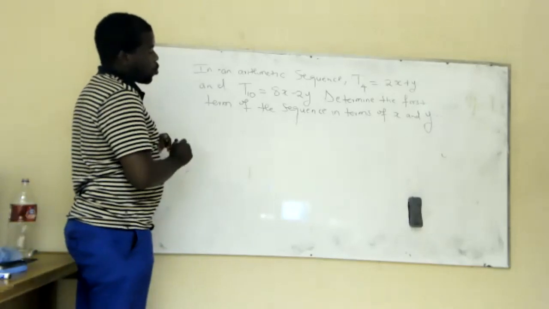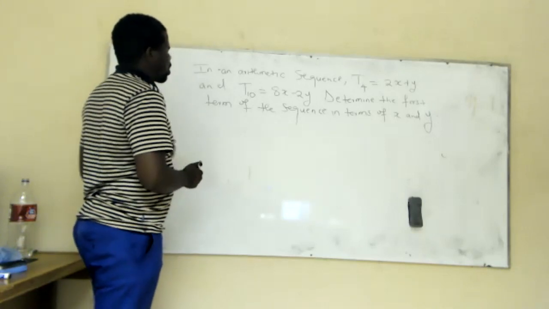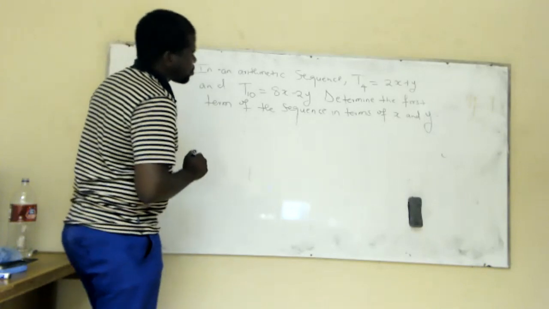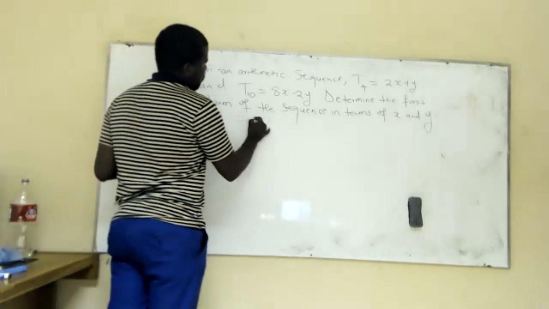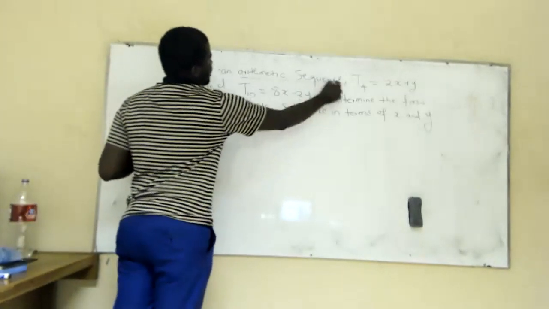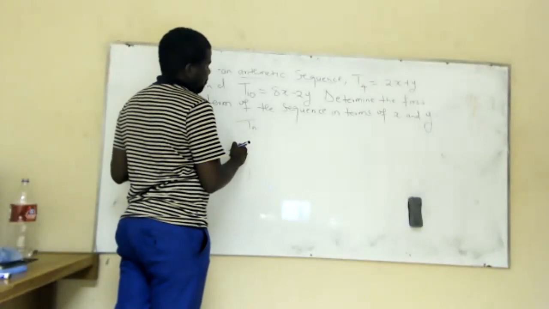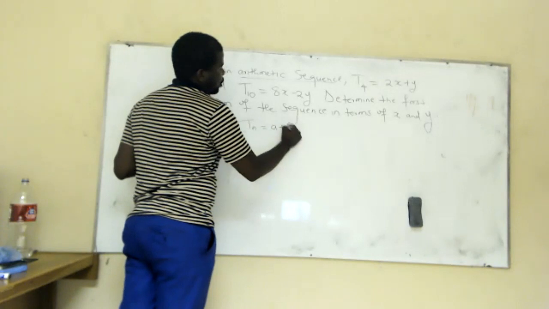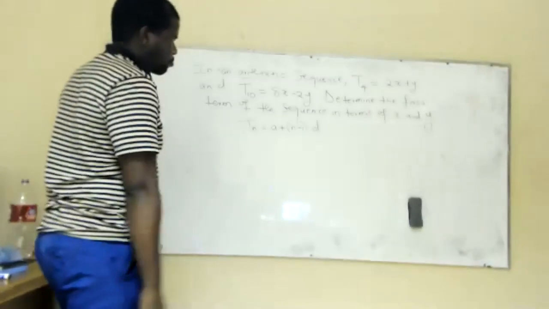So now let's quickly go to answer the question. You can use the formula, because we are already told that this is an arithmetic sequence, which you can find by using the formula Tn equals a plus (n minus 1) multiplied by d.